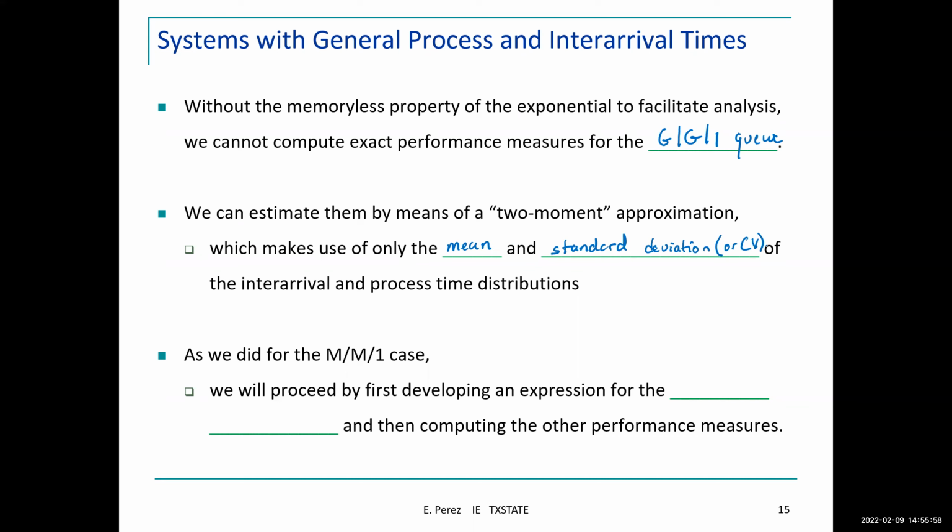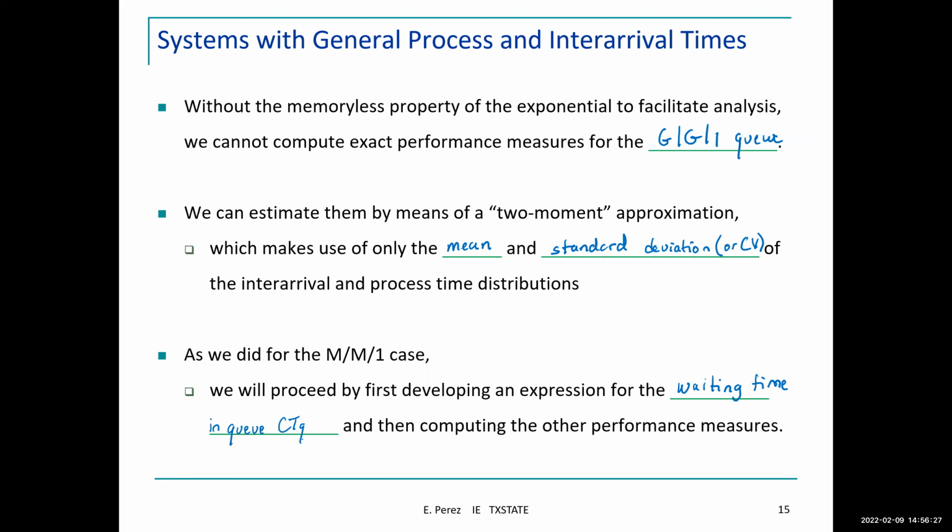As we did for the MM1 case, we will proceed by first developing an expression for the waiting queue and then computing the other performance measures.